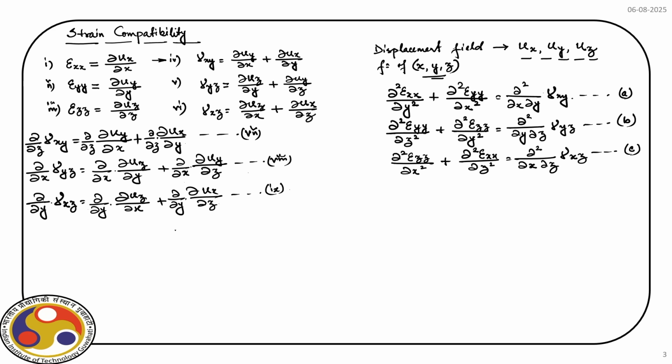Now, what we do, we add these two, and from that quantity we subtract this one. So, this is the operation let us do. So, what we have?